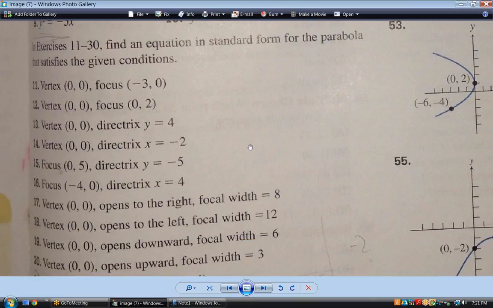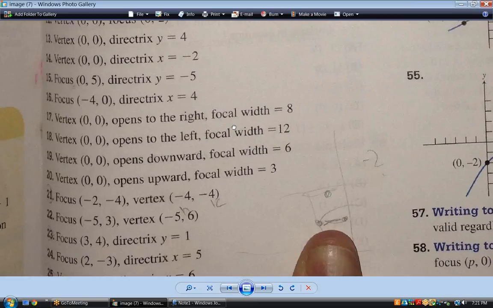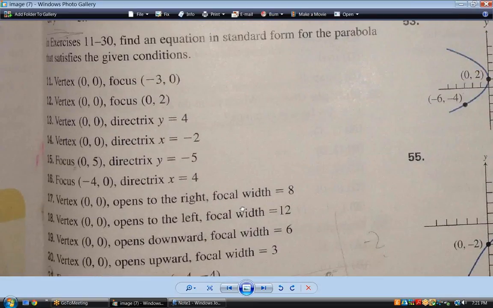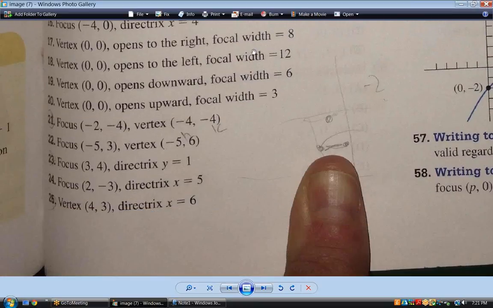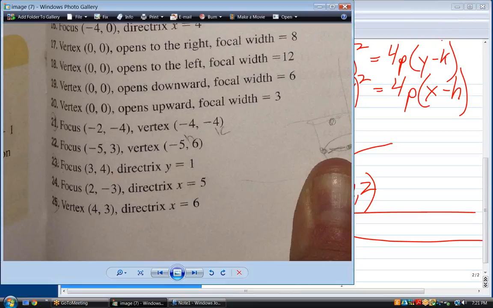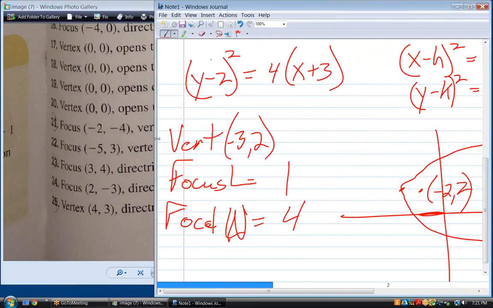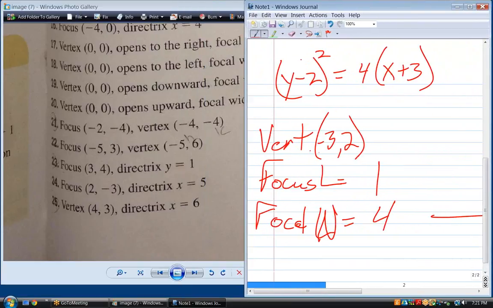What next? The next ones we have to do, let me look, are 21 through 35 odd. Just the odd ones. Okay. So here they're giving us the focus and the vertex.